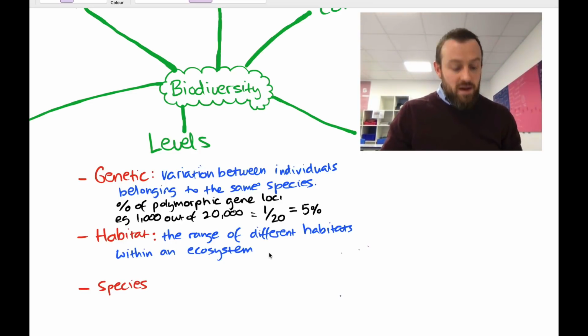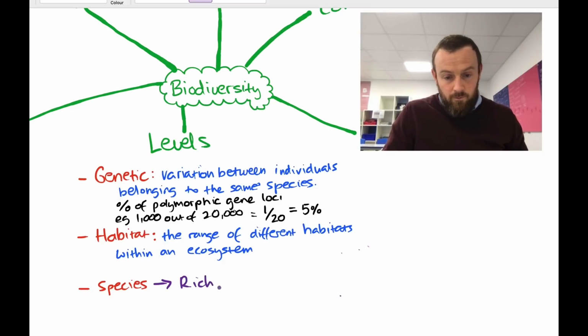And the final way we can consider biodiversity is species biodiversity. We can break this down into 2 things. I'm going to use a different color, species richness and evenness. So richness and evenness.